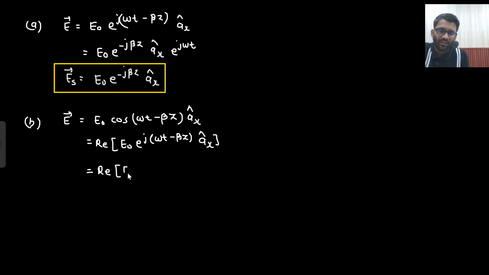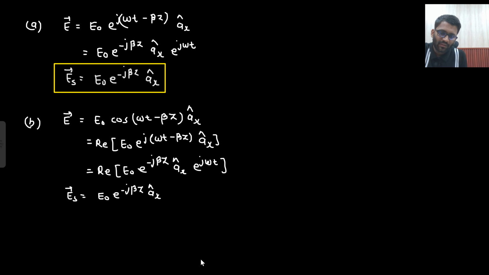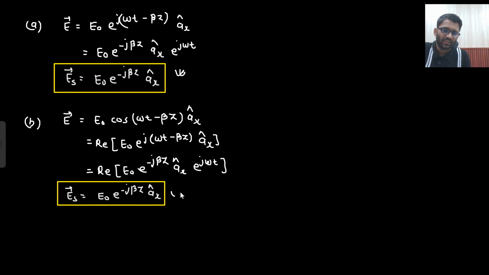E naught e to the power minus j beta z ax cap e to the power j omega t. So real, and e to the power j omega t I will drop. What is the phasor? The phasor is E naught e to the power minus j beta z ax cap.